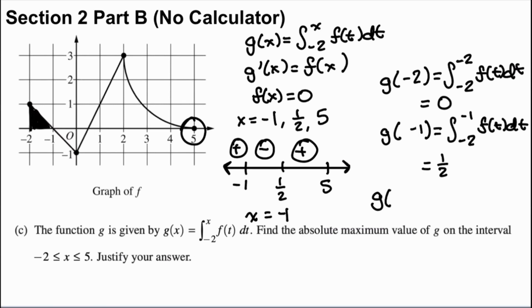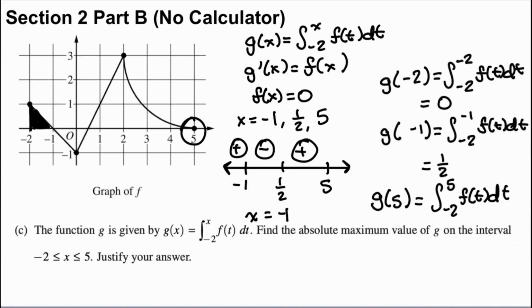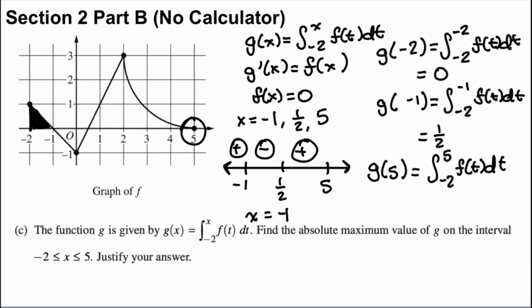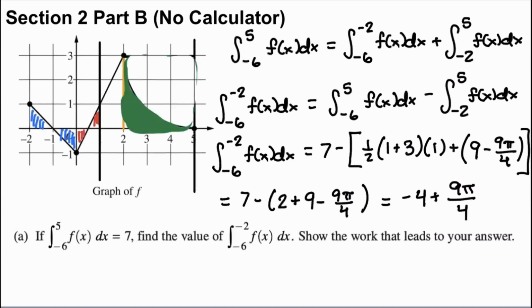And now for g of 5. This is going to be the integral from -2 to 5 of f of t dt. Now this is just going to be the area of the whole thing, which we did find in a previous part of the question. It was this part.